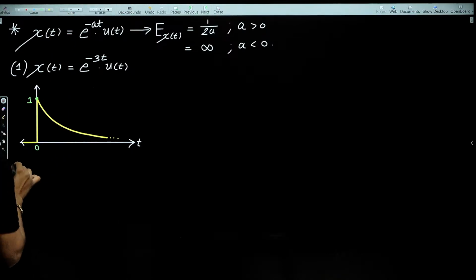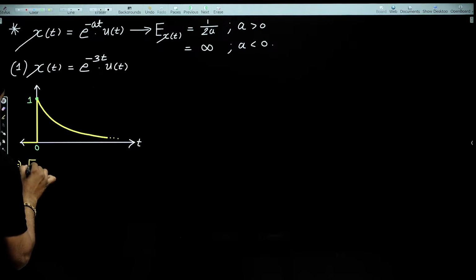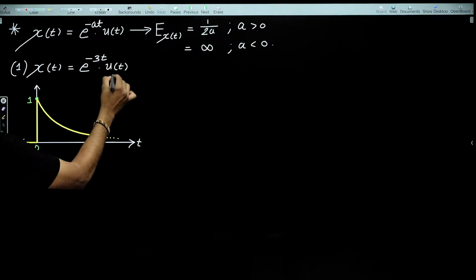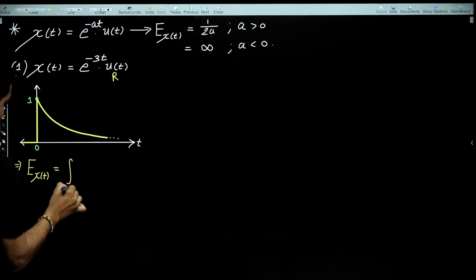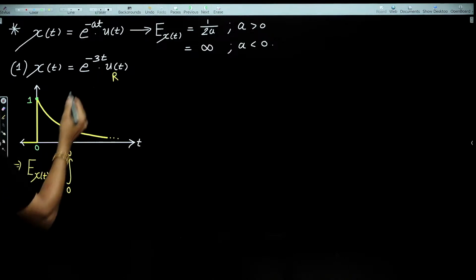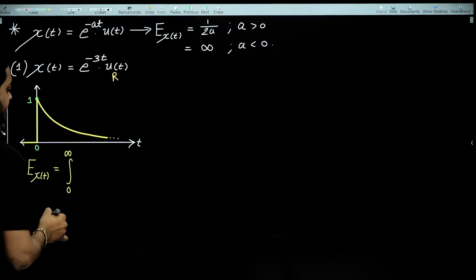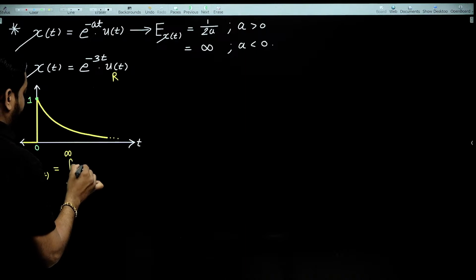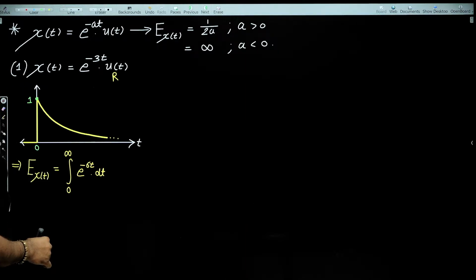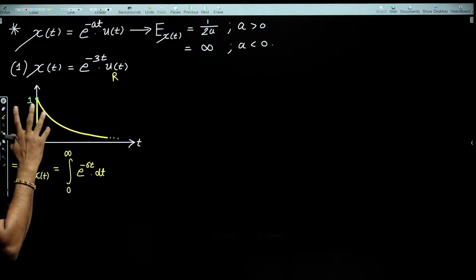So the energy of this signal is given by integration from 0 to infinite, since it is a right-sided signal. Now the square of this is e to the power minus 6t dt. Directly we eliminate 2 to 3 steps.